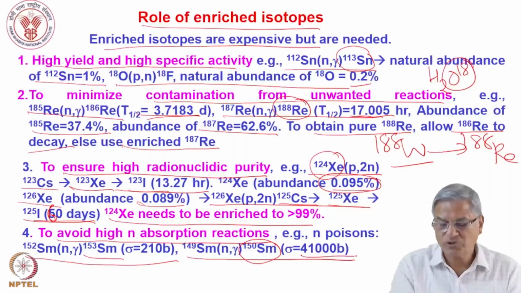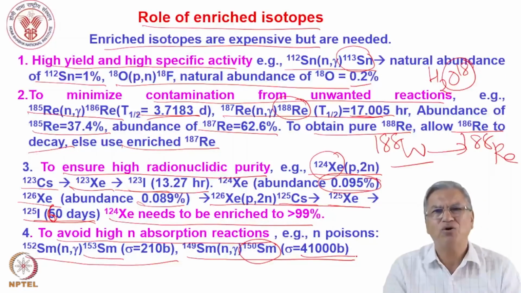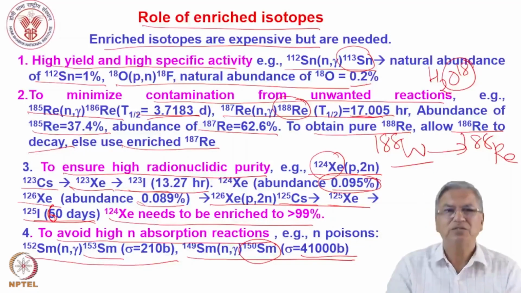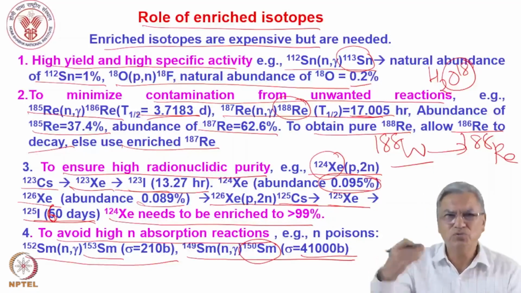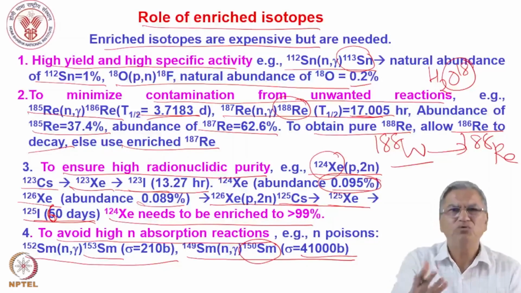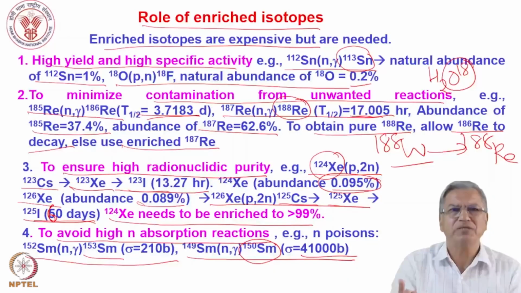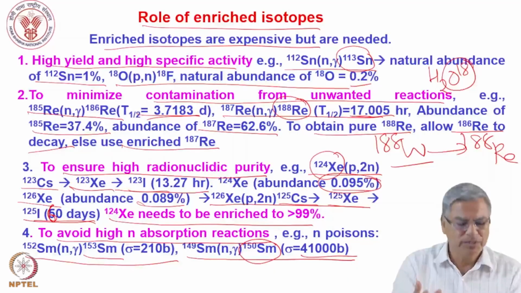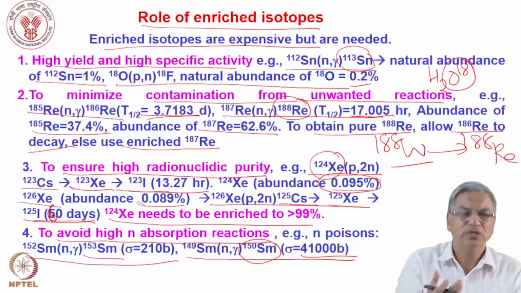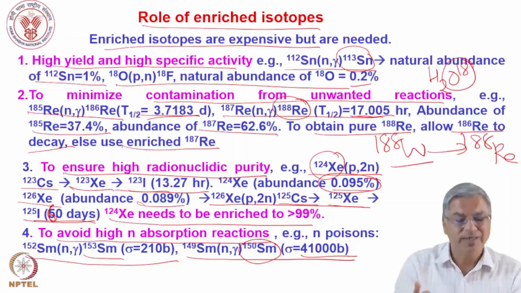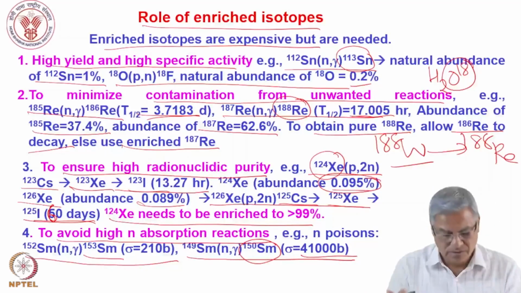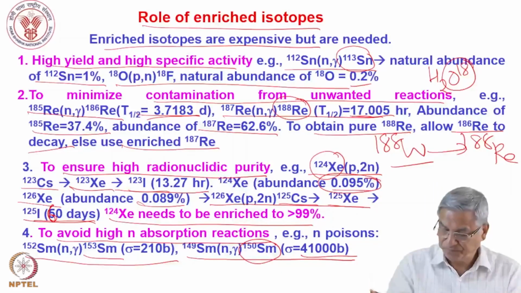But the very high cross section, 41,000 barn of samarium-149 (n,gamma), will reduce the neutron flux. Most of the neutrons will be captured by samarium-149, so it's like a neutron poison. So it will affect the neutron economy in that position, and your yield of samarium-153 will be less. So these are the reasons where you need to have enriched isotopes.